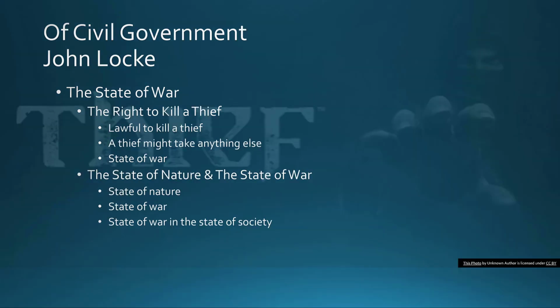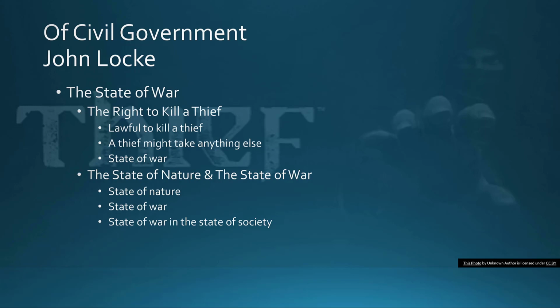So what else can start up the state of war? Well, Locke says thieves. He believes that it's lawful to kill a thief. Now, someone might say, well, what if the thief has not hurt someone, nor has declared any intent on one's life? Sort of the thief who says, I don't want to hurt you, I just want your money or whatever.